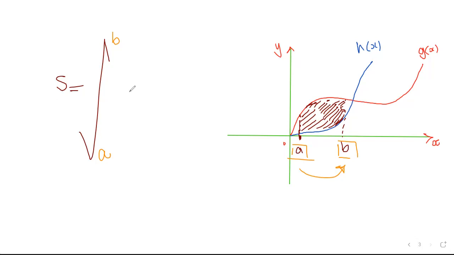Then I say that it's going to be written as g of x minus the one which comes underneath it. Which one is beneath that? It's the blue one, which is represented by h of x, minus h of x, times d of x. d of x simply represents the fact that our variation along A to B happens with respect to x.